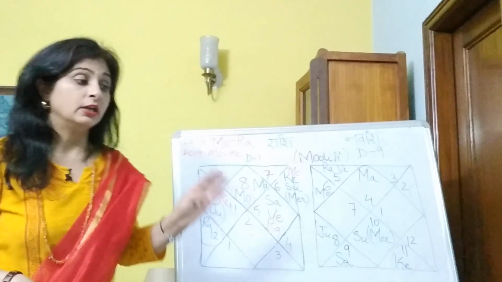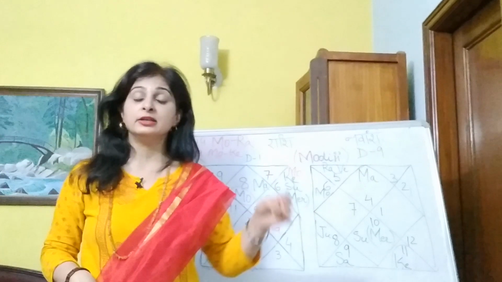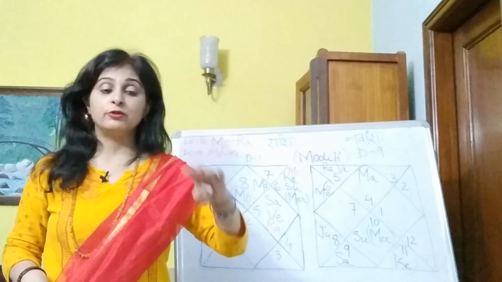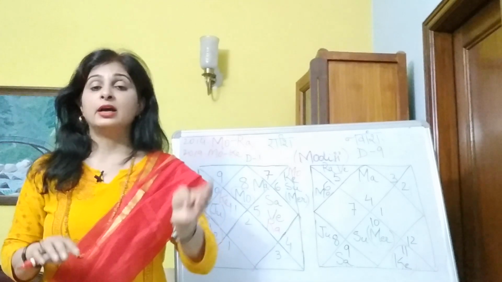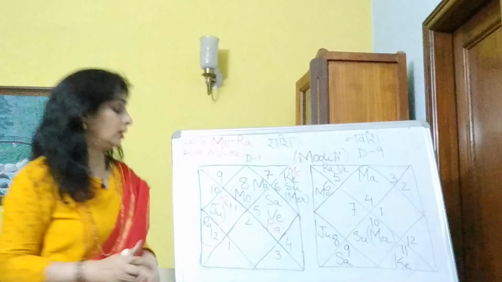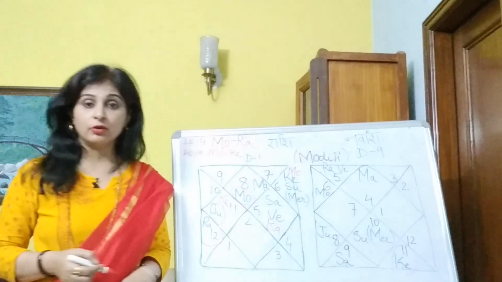And friends, the Corona thing has started spreading since January itself. So he did have to go through the 8th house suddenness of events during this period. So this is how the planets are playing their role.